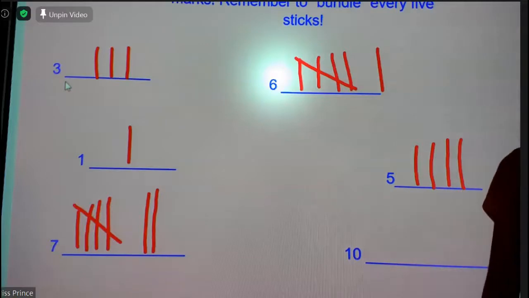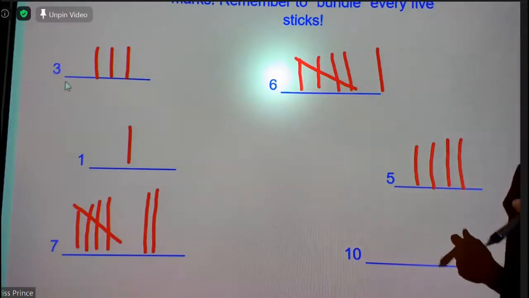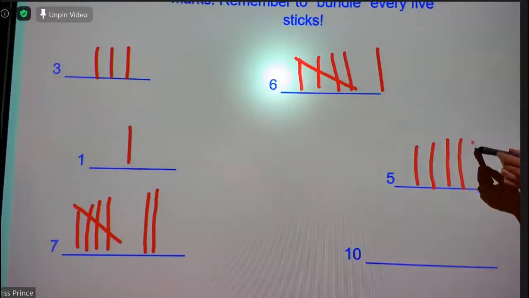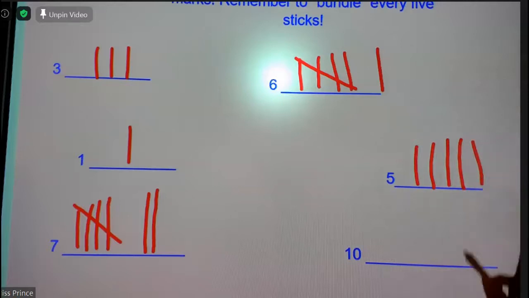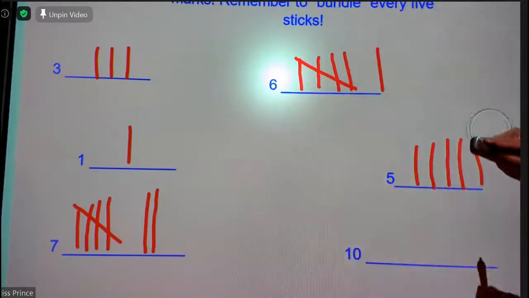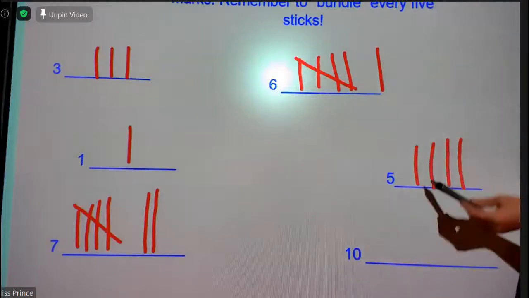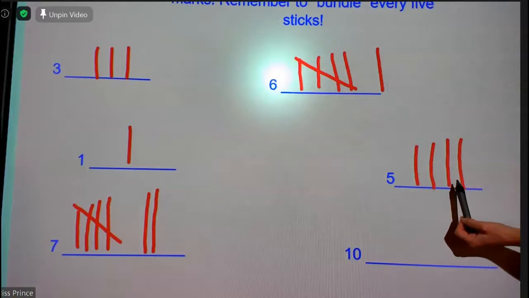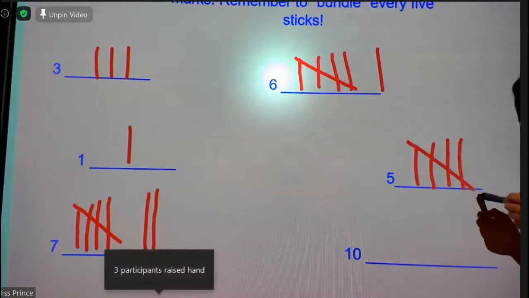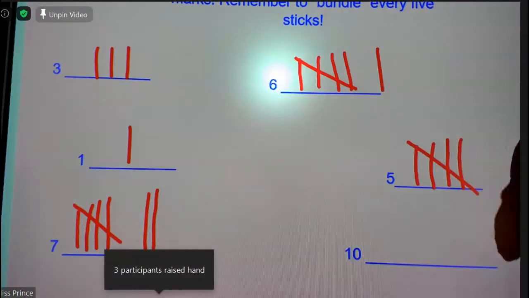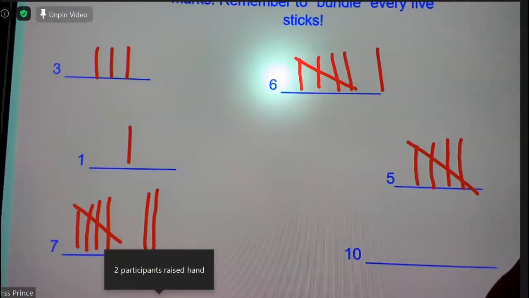Show me with your arm. Oh, like this? Yeah. Oh, I forgot. What do I have to do when I have a 5? Bundle. 1, 2, 3, 4, 5. Like that? Awesome. Okay. I have 10.